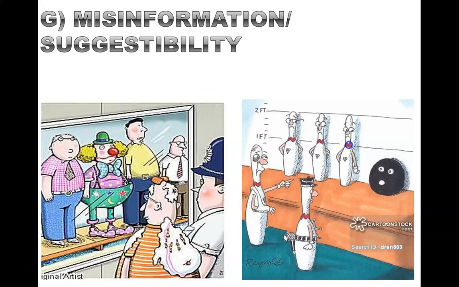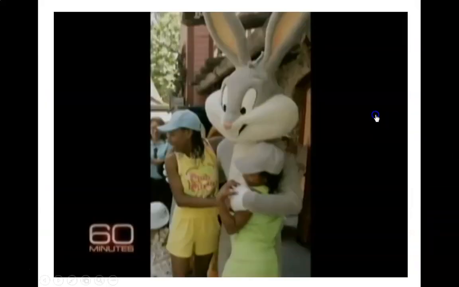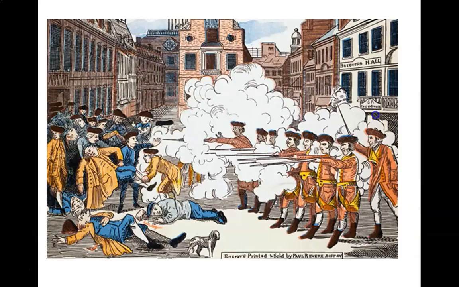Misinformation, suggestibility. In historical scenes, most of you would be very quick to point this out as the Boston Massacre, but it was only the Boston Massacre because Paul Revere wanted people to know that it was a massacre.